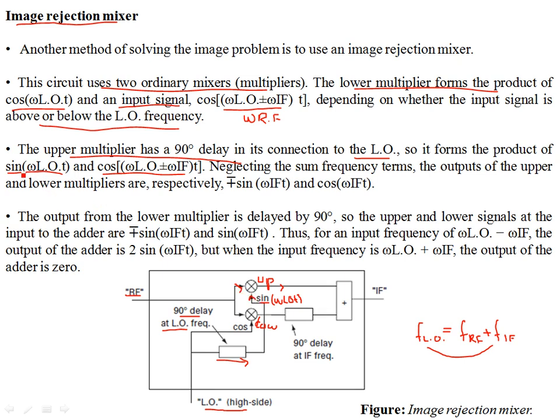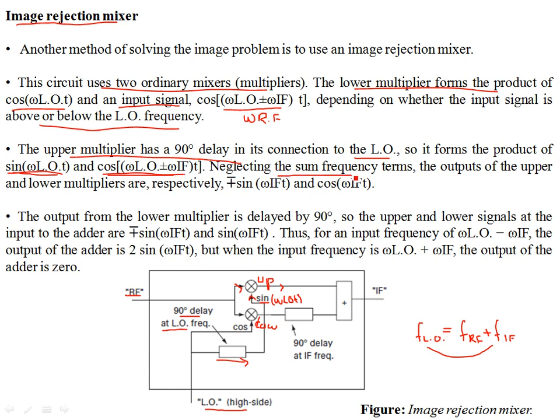You see these two terms, this is sine omega LO, this is cosine omega LO. So the sum will be at 2 omega LO plus minus omega IF, or you will have a term that is simply omega IF. Only one frequency, omega IF, when you consider the difference.